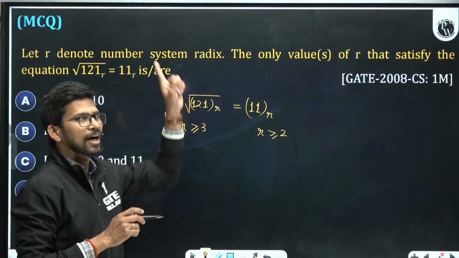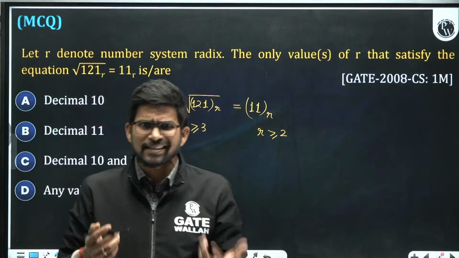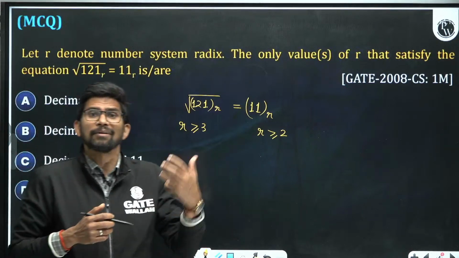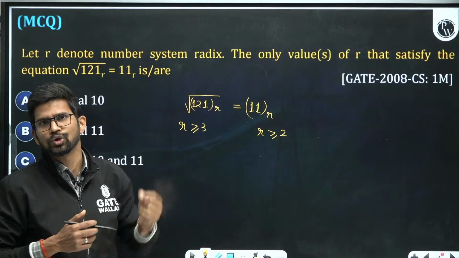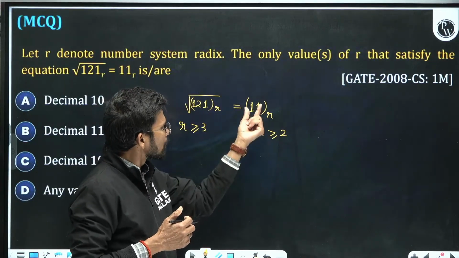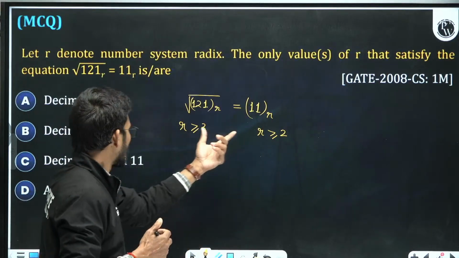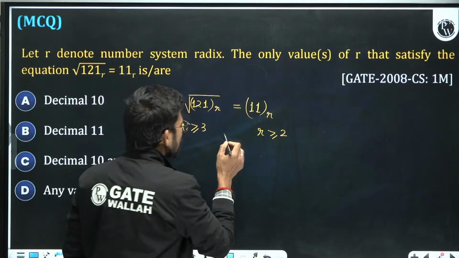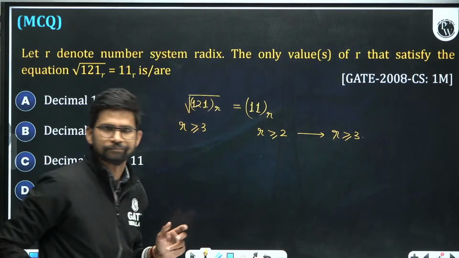So if R is 3 or higher, then 2, the highest digit appearing in the number, will be a valid digit. And if all the digits are valid in the R base system, then only the number is valid. So overall, the conclusion is R must be greater than or equal to 3.